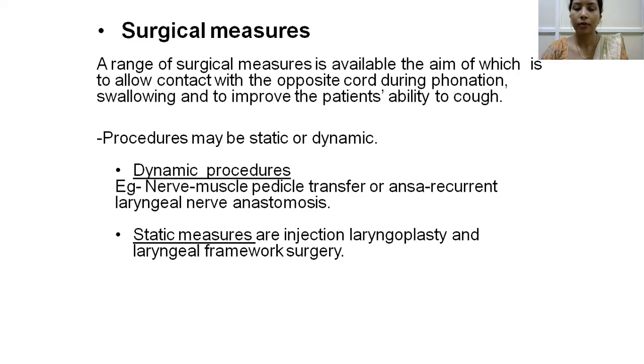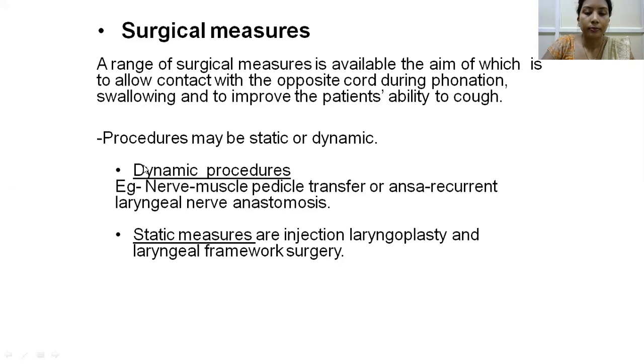For this to happen, you need this paralyzed cord, which is in a paramedian position, to come and meet the normal cord in the midline. So we do static measures or dynamic measures. Static measures reposition the vocal cord towards the midline, but do not give any active motion to the paralyzed cord.